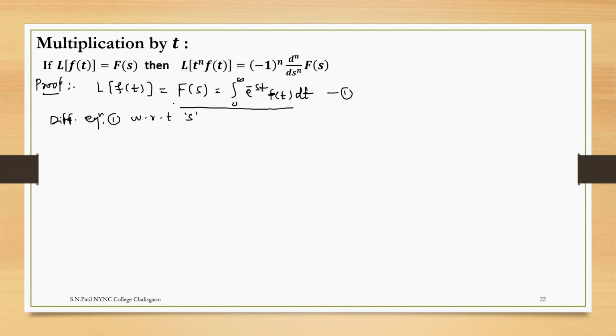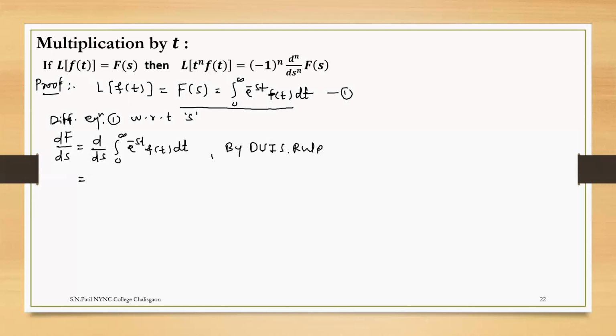That is, the derivative of capital F with respect to s is equal to the derivative of the integral of e raised to minus st f of t with respect to t. Now here we use the DUIS rule.